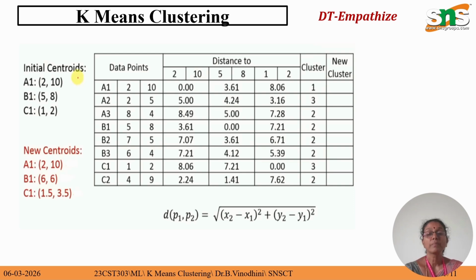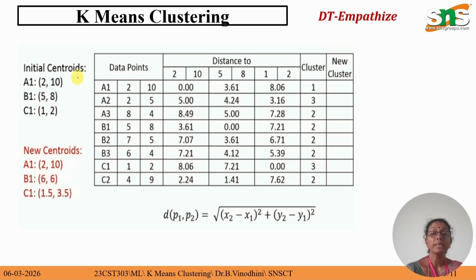For example, the distance of P1 comma P2 is equal to the root of (x2 minus x1) whole squared plus (y2 minus y1) whole squared.